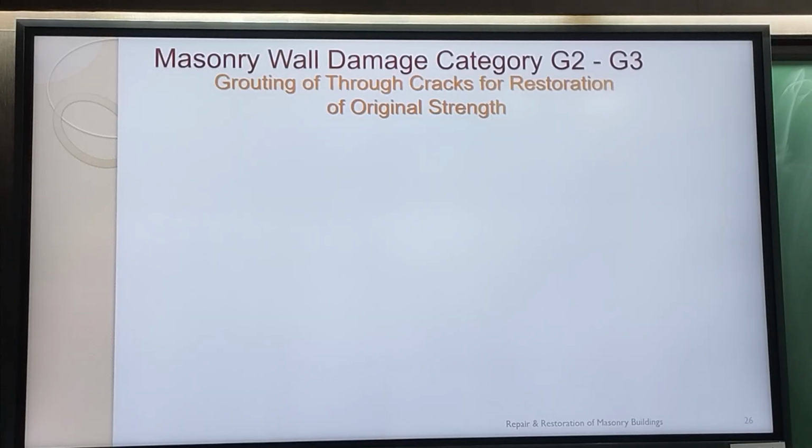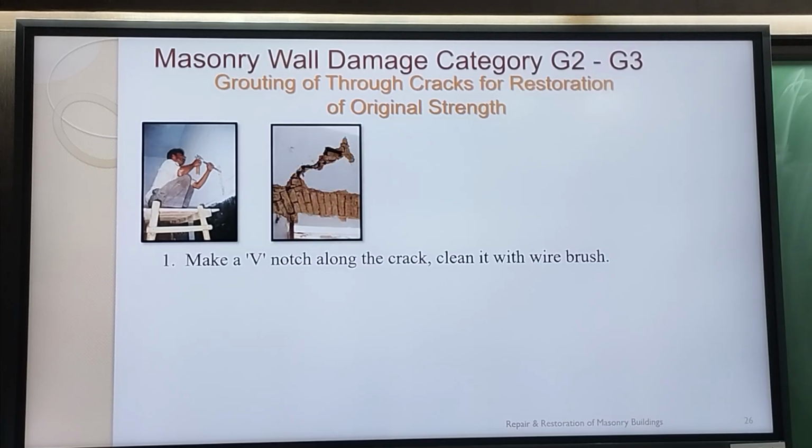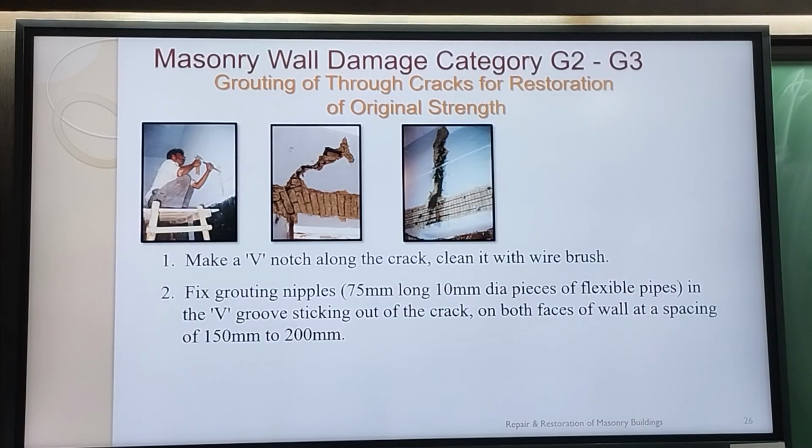Then your G2, G3 level damage, grouting of through cracks for restoration of original strength. Now this is a thick brick wall we have in the school. So again, like I said, chisel and hammer, and you make a V notch and clean it with wire, wash it.